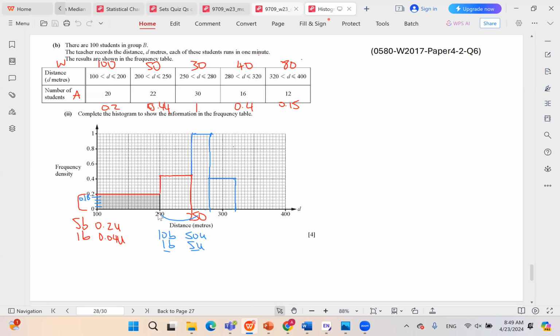So one box below the 0.2 or 4 boxes above the x-axis. So 1, 2, 3, 4. And we draw the remaining histogram. There we are. And this is the final bar that we need to draw.